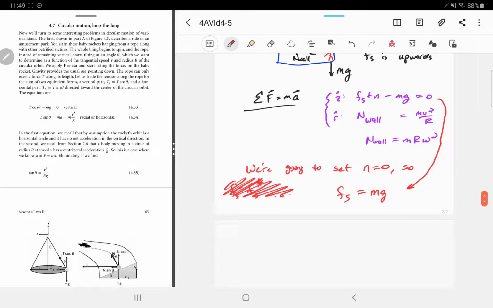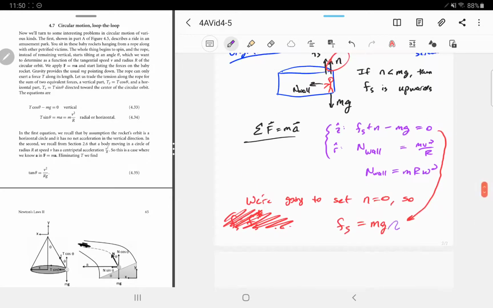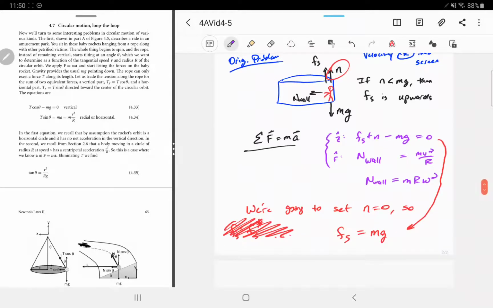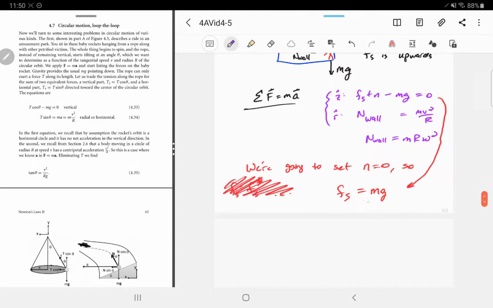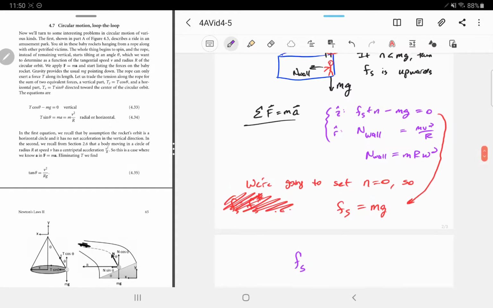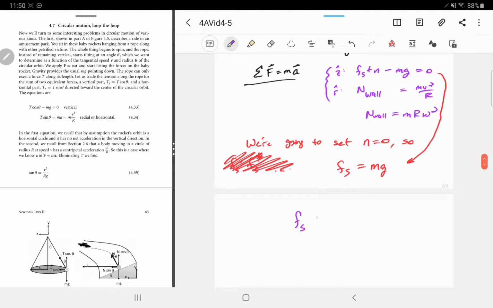So now what are we going to do with this? Let's go back to the other equation. Where is n wall going to appear in this? Well, this has to do with static friction. The static frictional force, which has to be equal to mg so that the person doesn't fall, there's a limit to how big that can be.